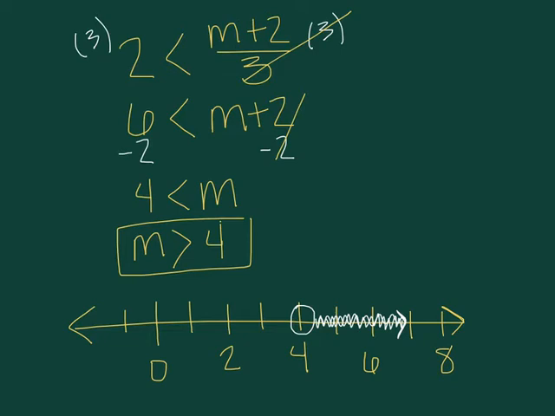There are a couple of things that you need to keep in mind with inequalities. The first thing that you need to watch out for is when to switch the inequality, or when to change the sign.